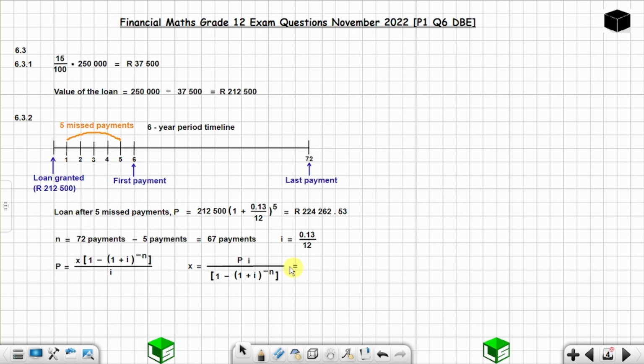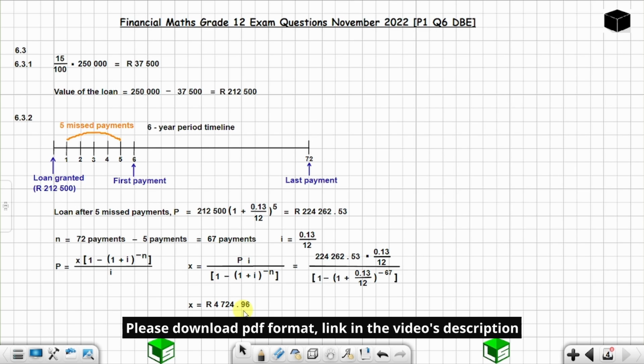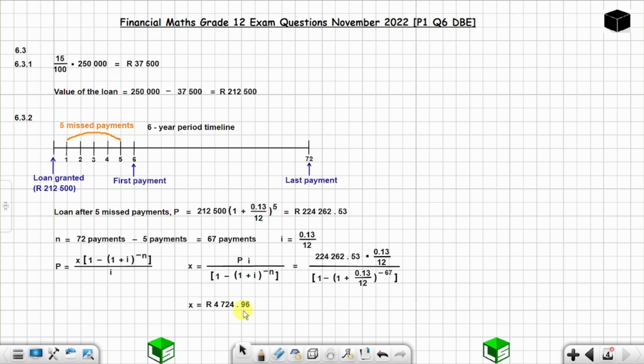You plug in everything that you have into the formula. Plug this in your calculator and you are going to get this. So this is the final answer to question 6.3.2. Until next time, I will talk to you soon.